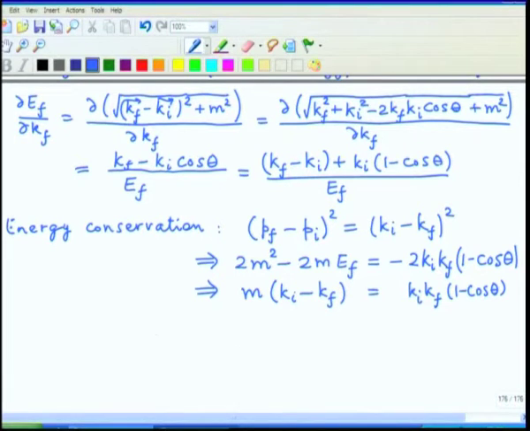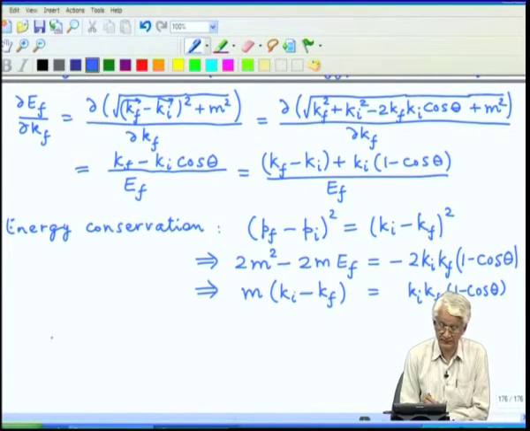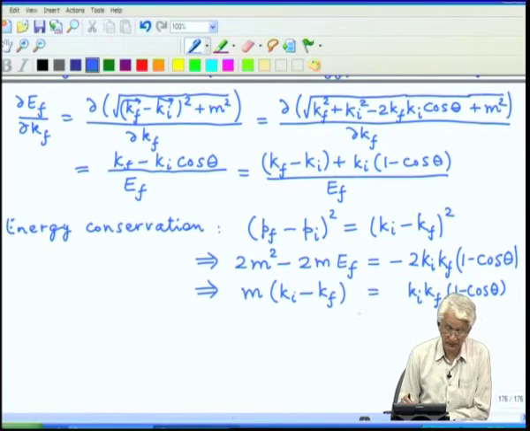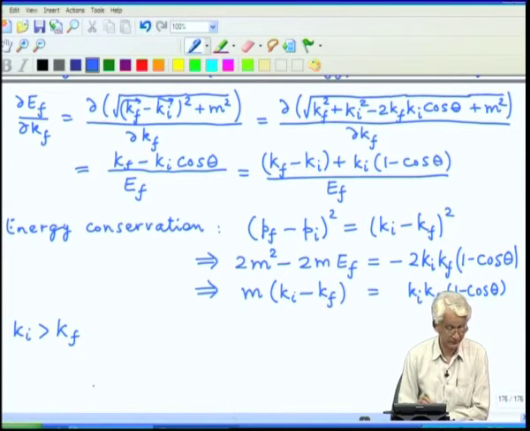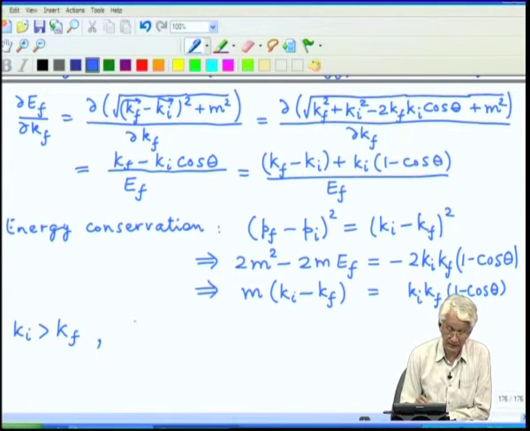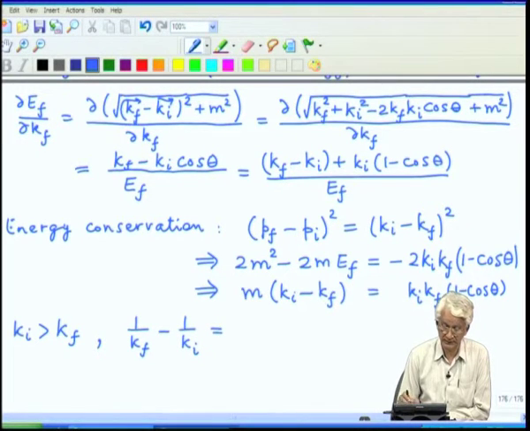And so, let us see, there are several other consequences as well. So, let us see what all things it implies. One thing is k_i has to be greater than k_f. Then there is a second formula which is often written in the form which Compton wrote down by dividing this equation throughout by k_i k_f.